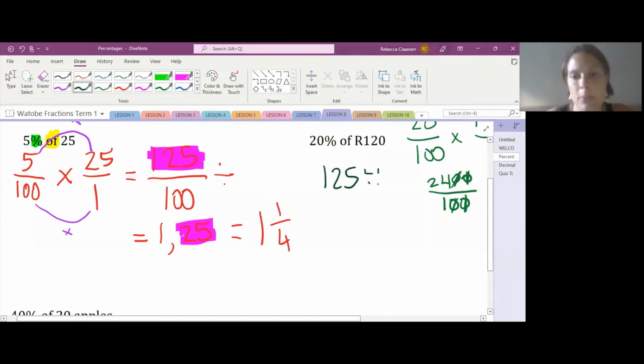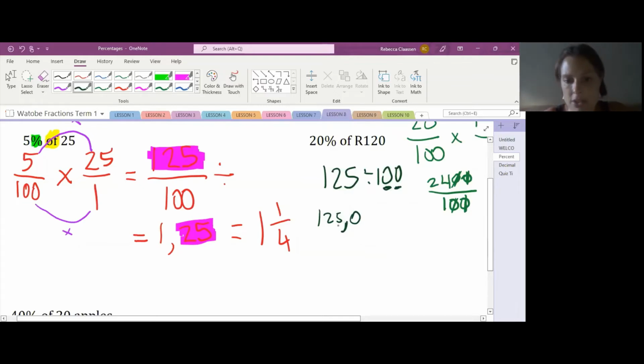125 divided by 100. 100's got 2 zeros. And so this is actually 125, comma 0. Okay, because I've got nothing left over. And what I need to do is, because there's 2 zeros in 100, I need to move my number over. So I'm going to move my comma 2 spots, and I put my comma in the next spot over there.